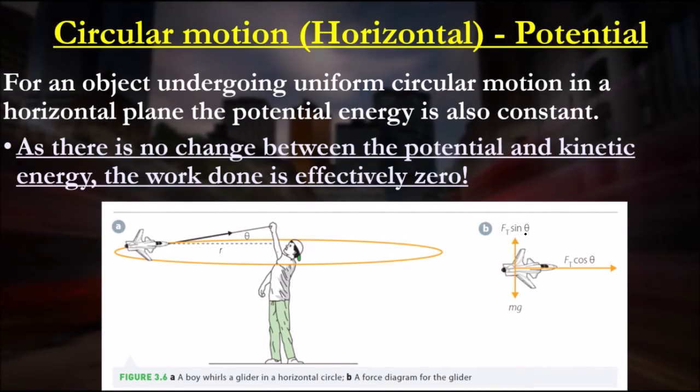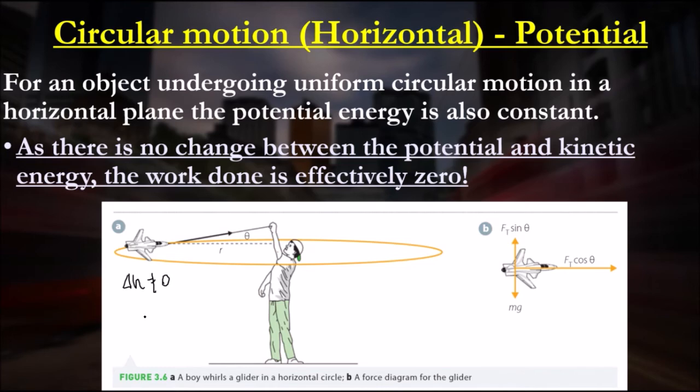Okay, so what we can conclude is for a scenario like this, where we're performing circular motion horizontally, there is no change in potential or kinetic energy. As you can see, when I'm just swinging this plane on a string directly horizontally, there is no change in height.